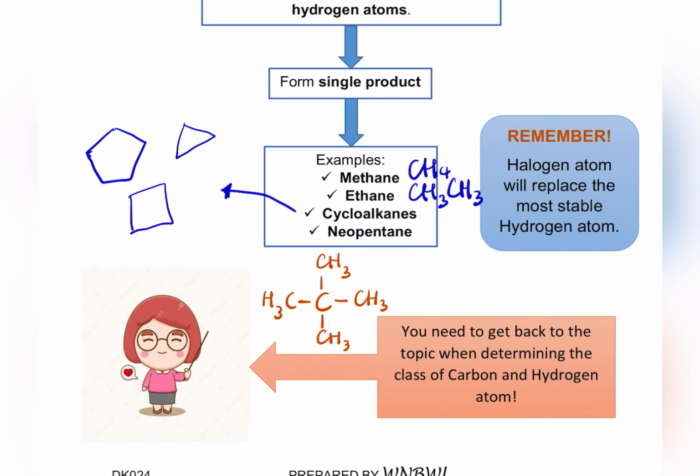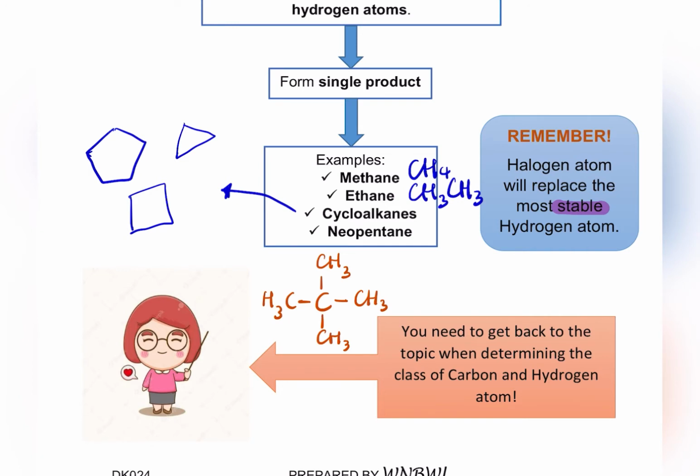So please remember, when we do the free radical substitution, it means that we need to substitute something with something else. In this case, the halogen atom will substitute the most stable hydrogen atom. I highlight the word stable here so that you know it is very important to understand this part.